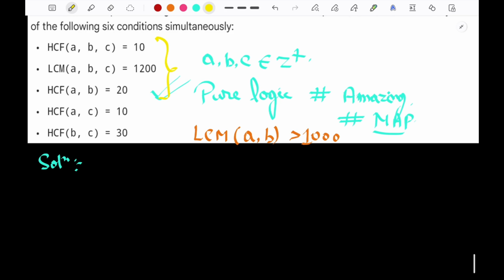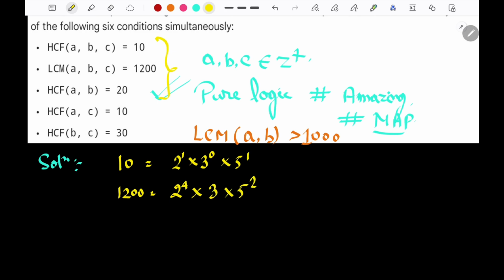So basically what is written? 10. So 10 can be written as 2 to the power 1 into 3 to the power 0 into 5 to the power 1. Okay. 1200 can be written as 12 into 100. So basically 100 is written as 2 square into 5 square, and 12 again, so 2 to the power 4 into 3 into 5 square. Done.